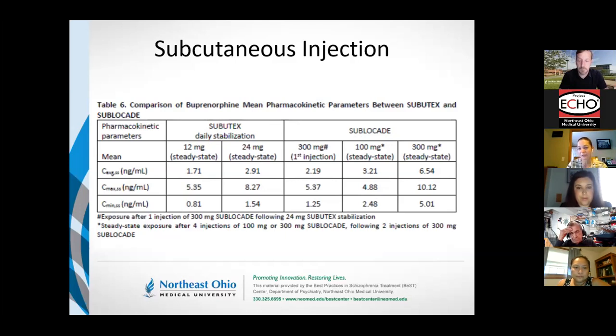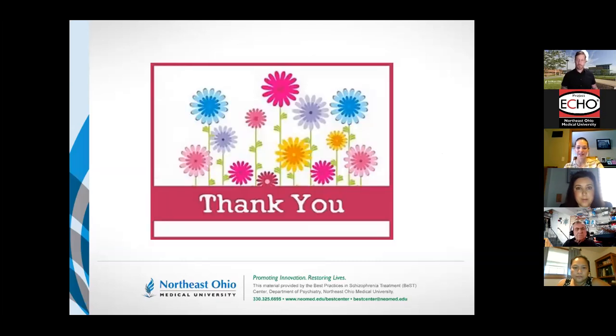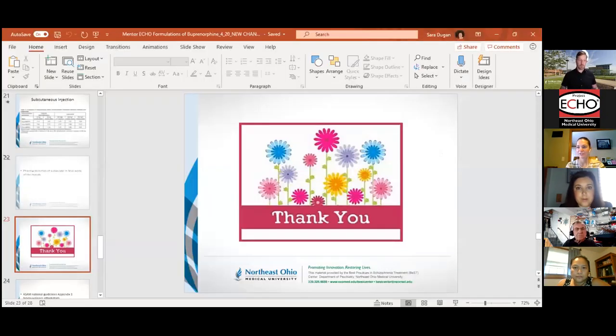For the 300 milligram monthly, the concentrations that they're achieving are also over the 24 milligrams daily. So for patients who are using higher concentrations and still aren't quite having all of their symptoms controlled, that might potentially be an option. And that is it for the formulations.